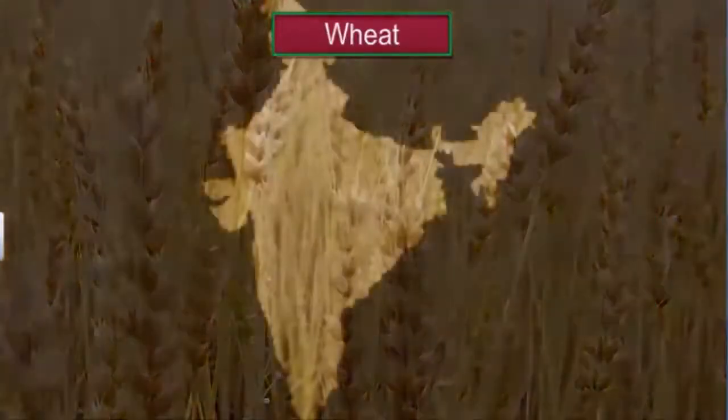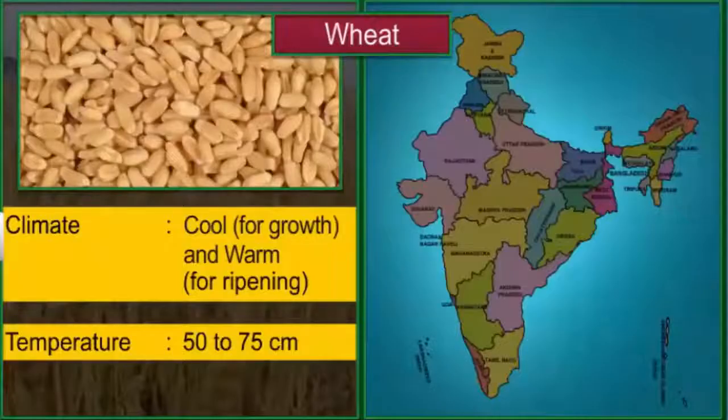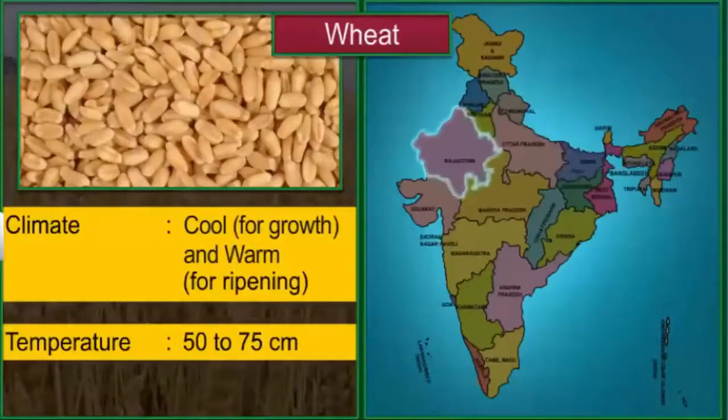Wheat is majorly grown in the northwestern plains of India and parts of the Deccan Plateau. The main wheat-producing states are Punjab, Haryana, Uttar Pradesh, Bihar, Rajasthan, and Madhya Pradesh.